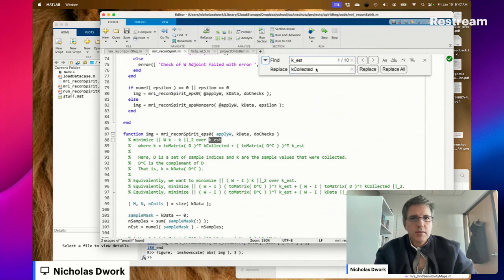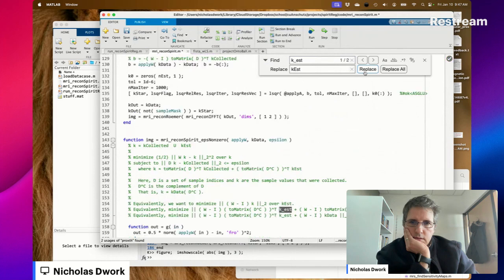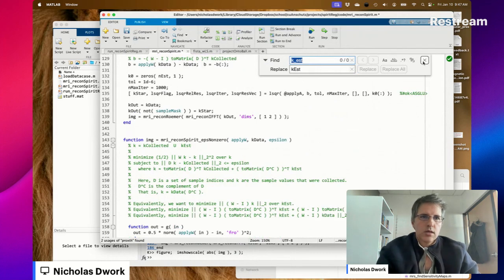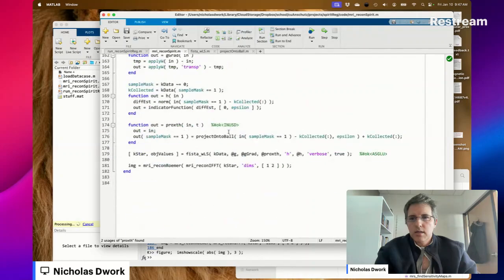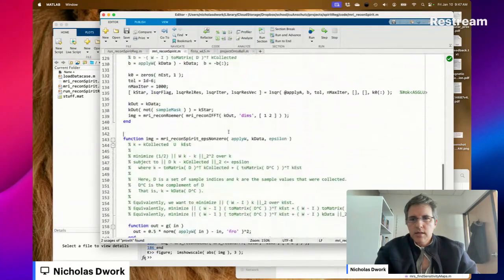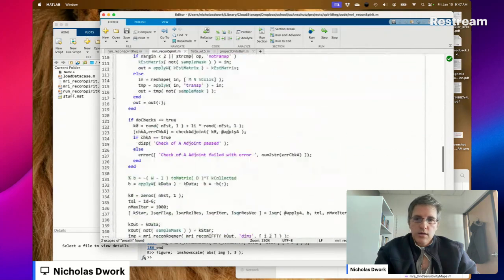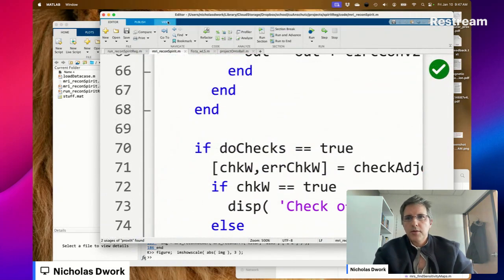K estimated, let's replace that with K estimated everywhere. Okay. Just checking this code. Thank you, MATLAB.